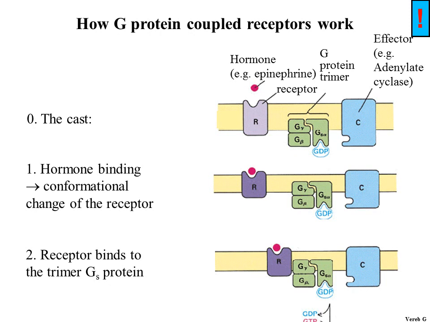G proteins are famous for binding GDP, guanosine diphosphate, and then when activated, throwing it away and exchanging it for GTP. The protein that we talk about here is also a G protein, but it's not monomeric like RAN or RAC was, but it is a trimeric G protein, which is made of alpha, beta, and gamma subunits.